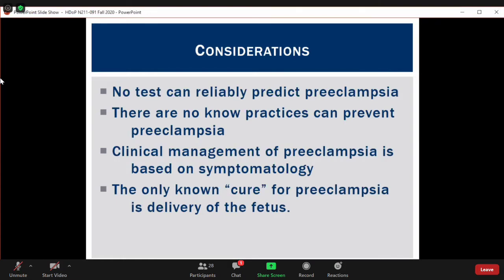There is no real cure for preeclampsia other than delivery of the fetus. This is a condition that is directly associated with the pregnancy. And so the only thing that is really going to bring some resolution to this is delivery of the fetus.